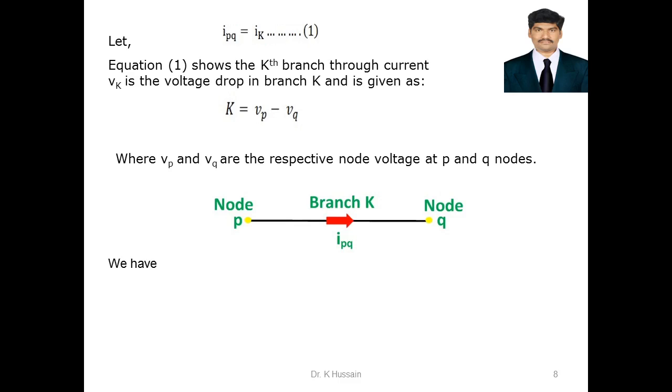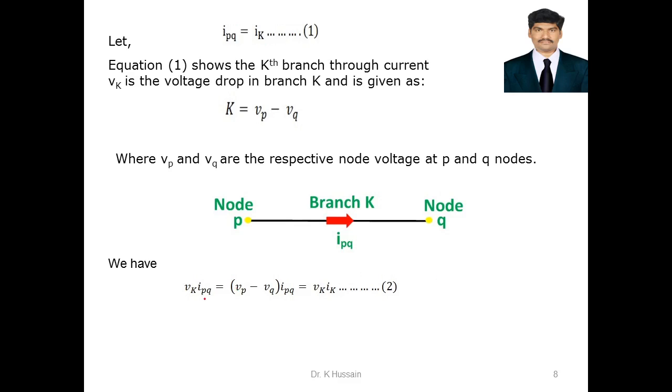This is the expression for this. Because we are finding the product, we know the voltage and current. In this branch the voltage is Vp minus Vq, because we are taking Vk, Ik. What is Ik here? IPQ, between the two nodes. That's the reason we are taking the P and Q nodes.